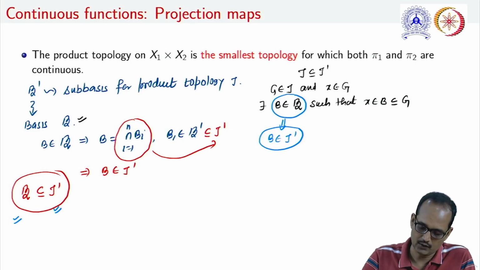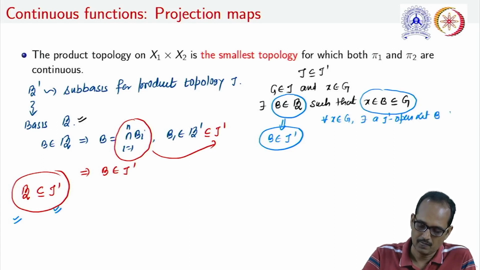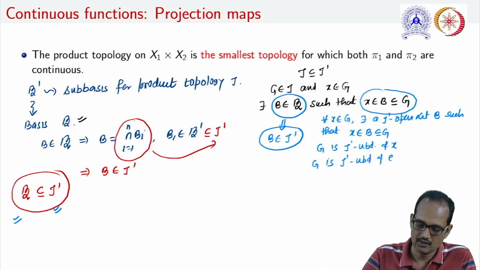So what we can conclude from here is that for all x belongs to G, there exists a tau dash open set B such that x belongs to B is a subset of G, and from here we can say that G is a tau dash neighborhood of each of its points.